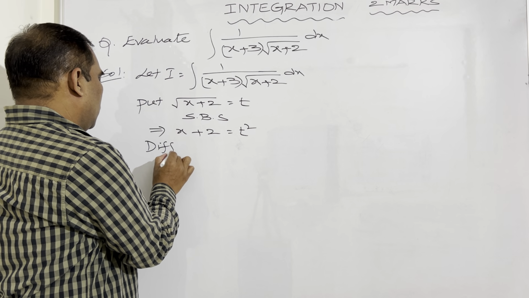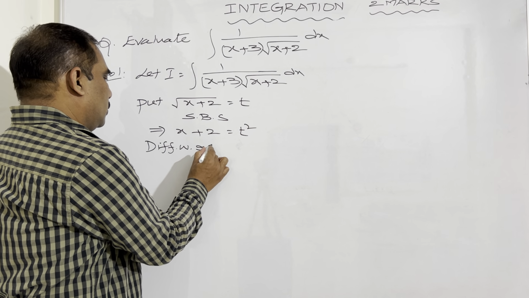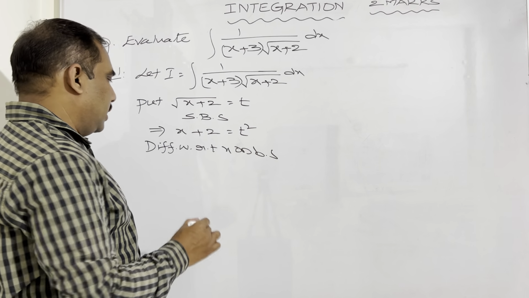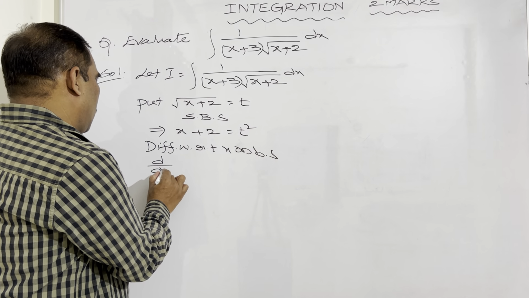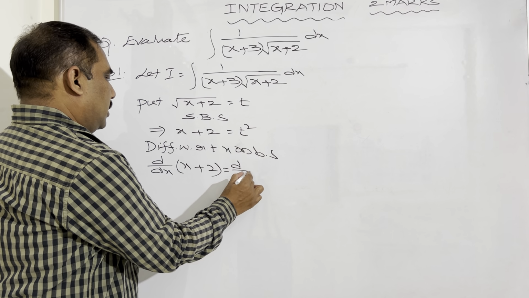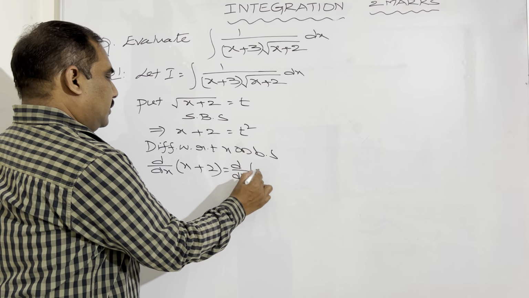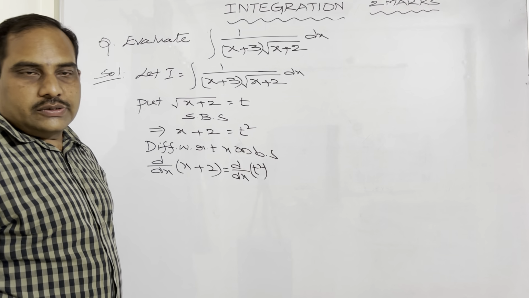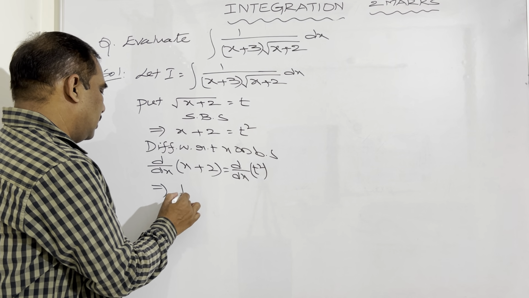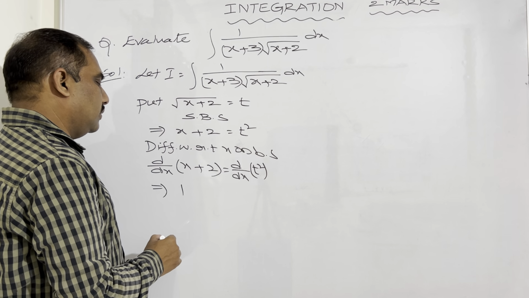Differentiating with respect to x on both sides, we get d/dx of (x + 2) equal to d/dx of t². With respect to x, the derivative of x is 1 and the derivative of the constant is 0.